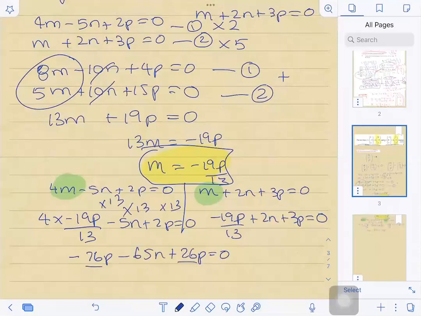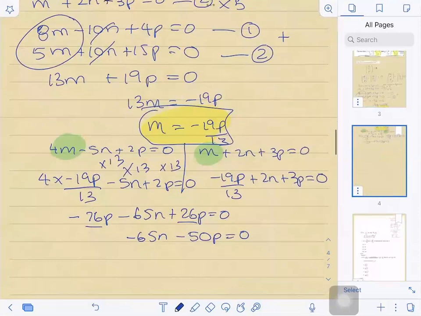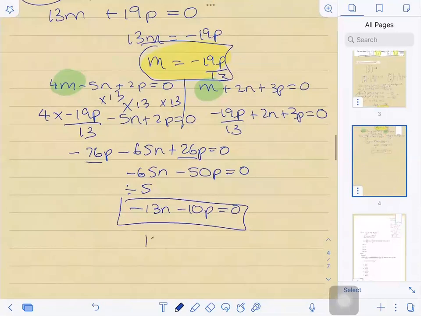Like terms: minus 76 plus 26 equals minus 50. So minus 65n minus 50p equals 0. Divide by 5, so 65 divided by 5 is 13: minus 13n minus 10p equals 0. We could then go to 13n plus 10p equals 0. That's a pretty good equation.